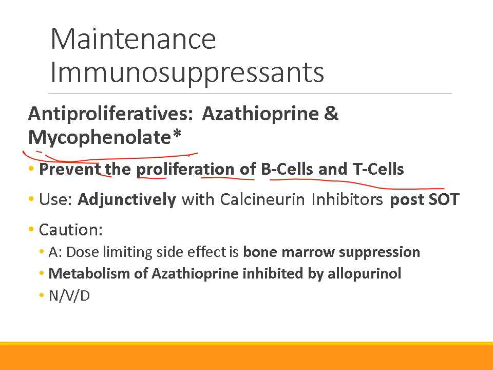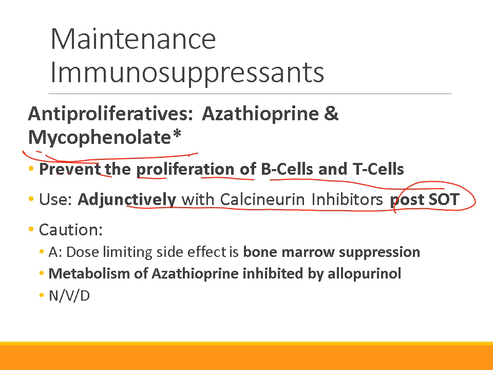So when we look at anti-proliferatives, it's more likely that you'll have a regimen that's using the mycophenolate. These are used adjunctively along with a calcineurin inhibitor for post-solid organ transplant. So these would be combined with other agents, including a calcineurin inhibitor, for maintenance immunosuppression after getting some sort of a solid organ transplant.